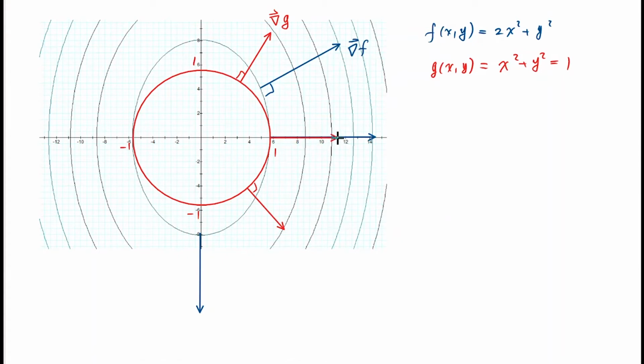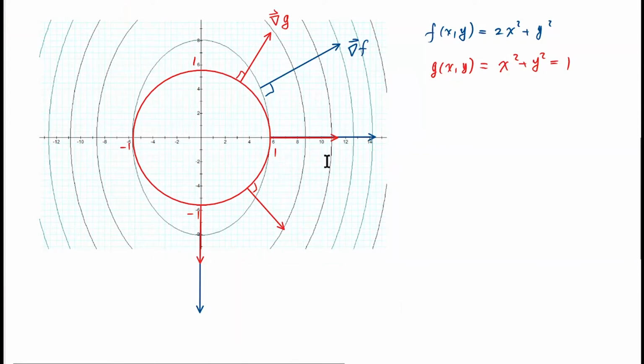Do you see that gradient of f and g has to line up right there? And where else would it line up? Well, this point. This is gradient of g right there. You know what I'm saying?